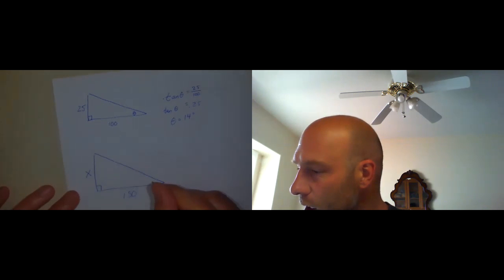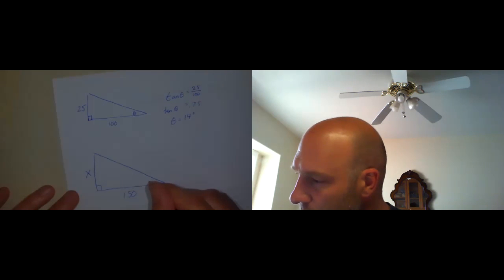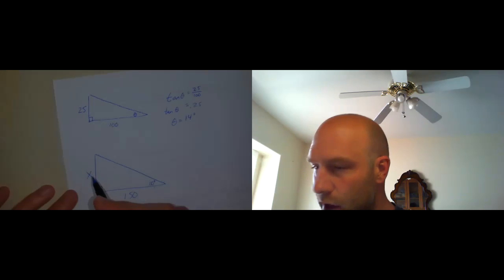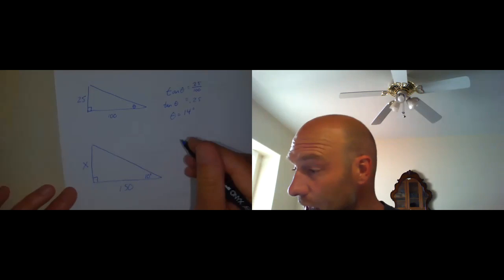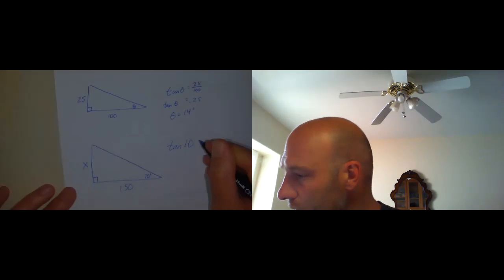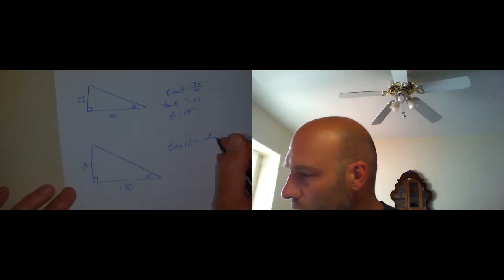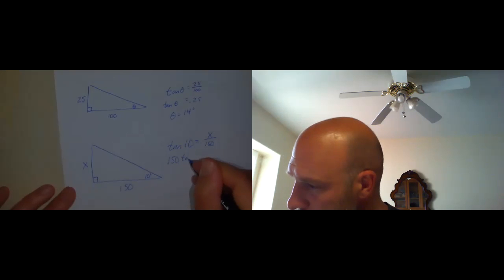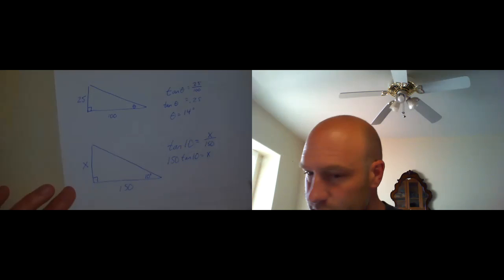It's hard to measure that. But I look here at this theta, and I find that it is 10 degrees. So again, I'm looking at what I know and what I'm trying to find. And the trigonometric ratio that I'm going to use is, again, tangent. So the tangent of 10 equals x over 150, or 150 times the tangent of 10 equals x.